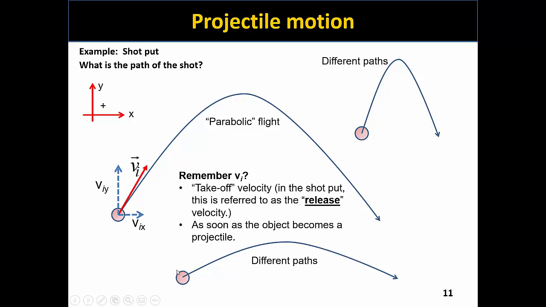The shot put at the bottom of the slide takes on a more horizontal trajectory. Although these paths appear different, they do share one thing in common, is that they are all described as having parabolic flight.